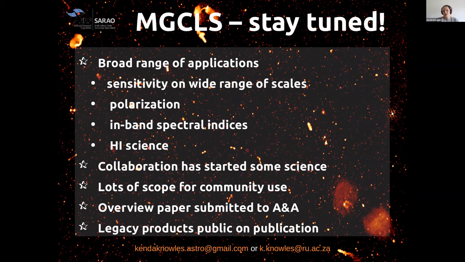So the collaboration has already started on some science exploitation, but the goal here is definitely not to have the collaboration dominate everything. We really do want the community to make use of these. And there's lots of scope for community use over the 115 different clusters.